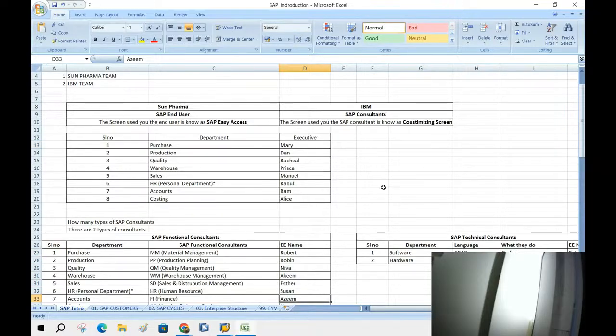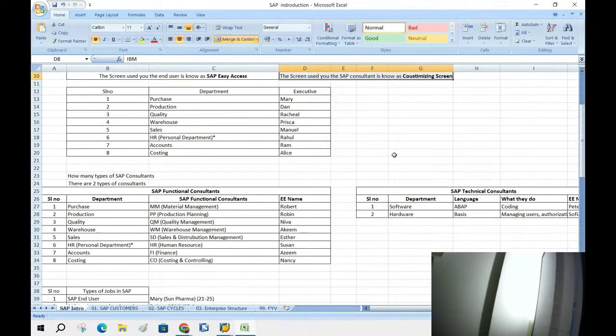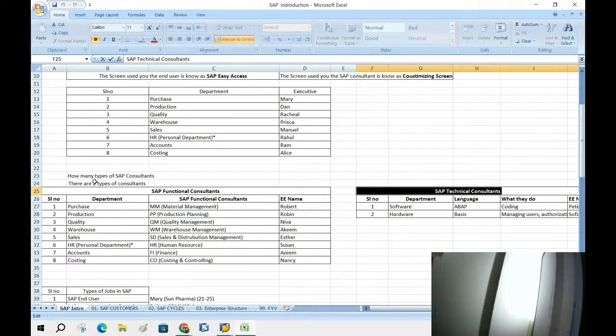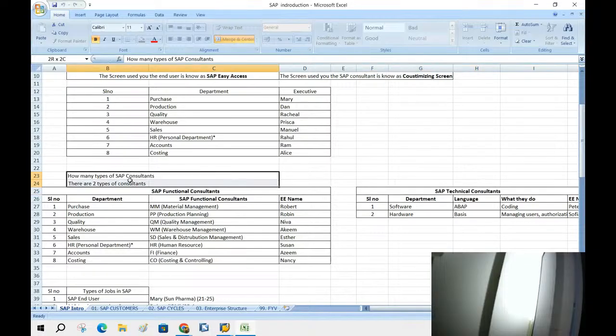So now what we have understood is that in IBM there are going to be two types of consultants. One is called the functional consultant, and the second set is called the technical consultant. So how many types of consultants are there in SAP? There are two types, functional and technical. Now, what is this functional and what is this technical?